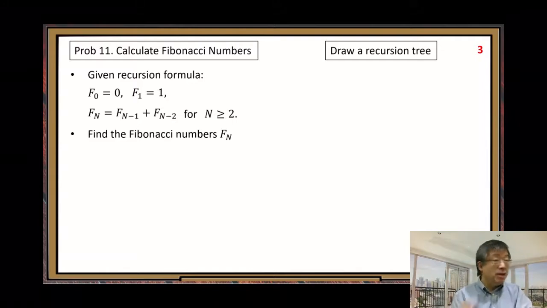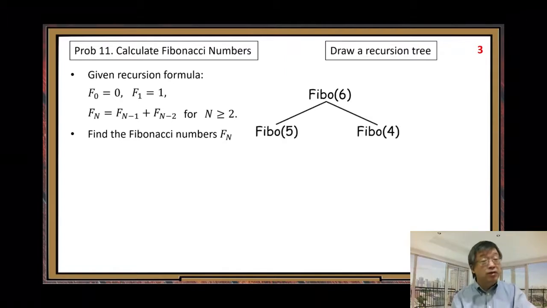Let me draw a simple example for you. Let me just use fib of 6. It's a pretty small number, but it is already good enough to understand why this method is so slow. In order to find fib of 6, you need the value of fib of 5 and fib of 4, right?